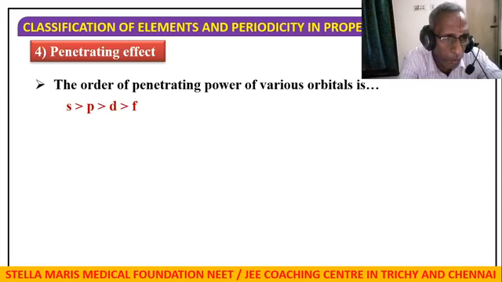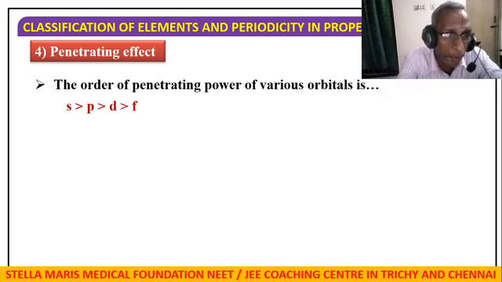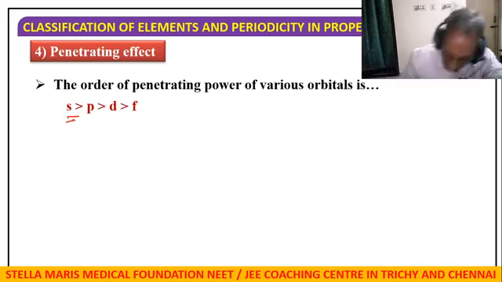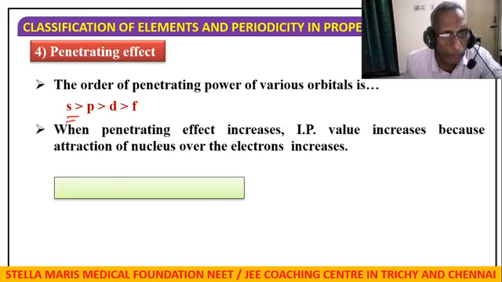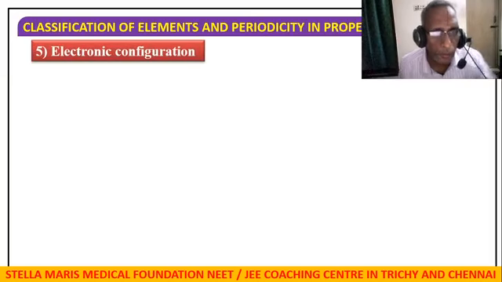But sodium we can remove one electron easily, but hydrogen we cannot, because the sodium electron to be removed is in the third shell, whereas in hydrogen the electron to be removed is in the first shell. It has maximum penetrating power. S orbital has maximum penetrating power. It is very difficult to remove. So penetrating power is directly related to the ionization potential.